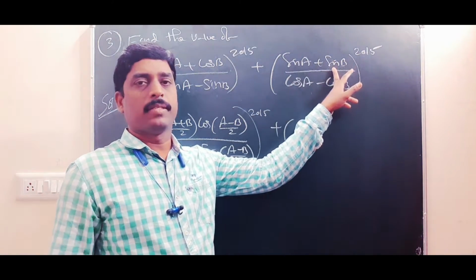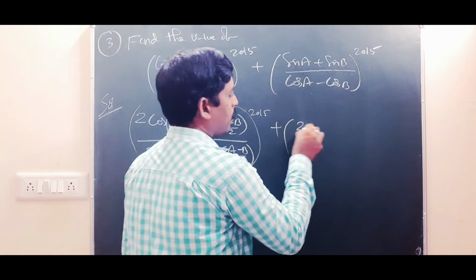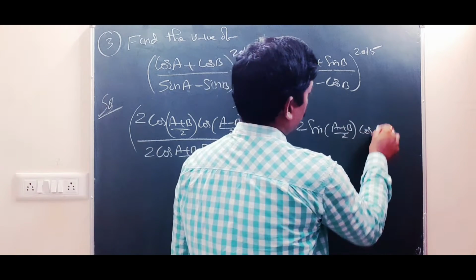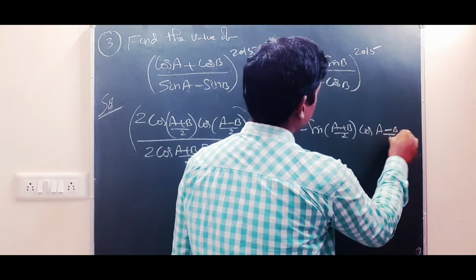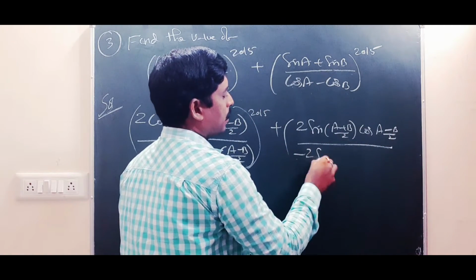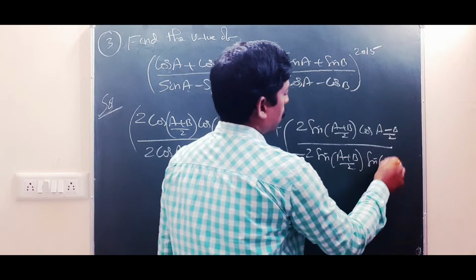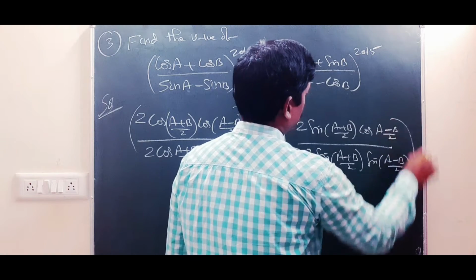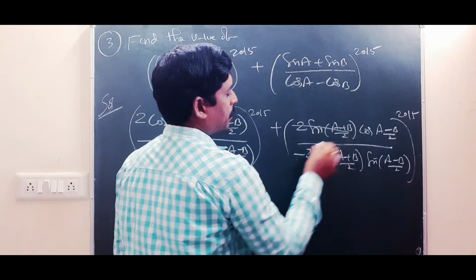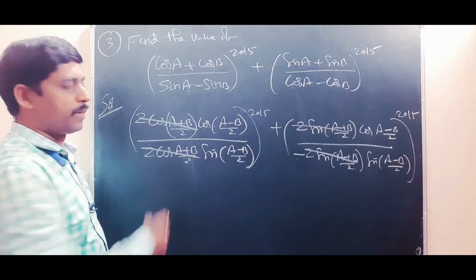We have the sin C plus sin D formula. So sin A plus sin B is 2 sin (A plus B by 2) cos (A minus B by 2). This whole divided by cos C minus cos D, which is minus 2 sin (A plus B by 2) sin (A minus B by 2), to the power 2015. In this, 2 sin (A plus B by 2) gets cancelled, as well as 2 cos (A plus B by 2).